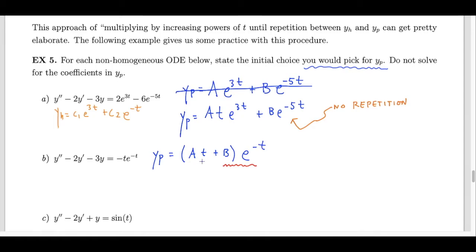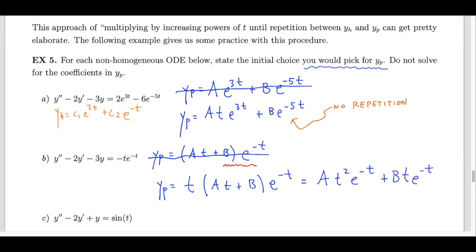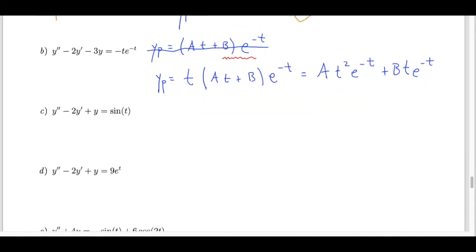That at and bt would get absorbed into a single term, and so I wouldn't have enough terms. So instead, I have to multiply this entire expression by a t. Here, let me actually distribute that out. And when I've gotten rid of all the parentheses, you can see more clearly that now there is no repetition between any of the terms in my y sub p and any of the terms in my y sub h.